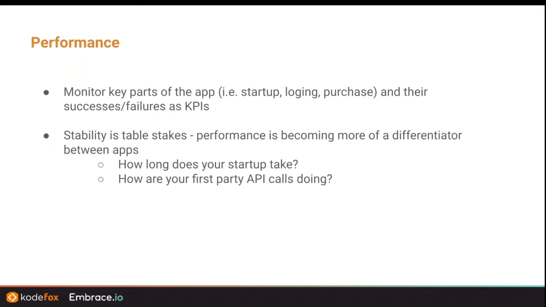The other thing that I tell mobile developers is to take a look at your first-party API calls. It's a part of the mobile experience to the user, but not entirely the burden of the mobile team to fix sometimes. I worked with one dating app where they kind of knew one of their endpoints was slow.